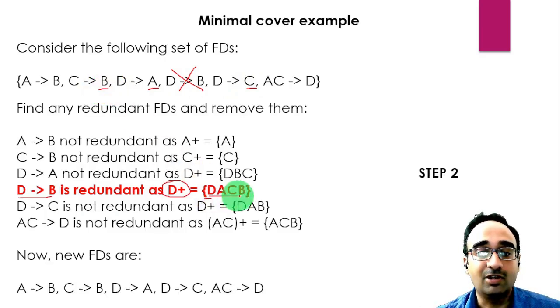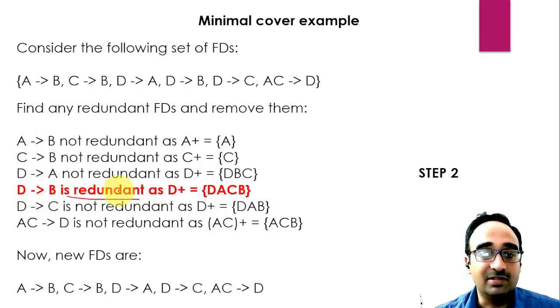So you got all four things: D, A, C, B. Now the RHS of this FD is present in the closure. That's why we can say that this FD is redundant. Since this is redundant, we should remove this FD, right?